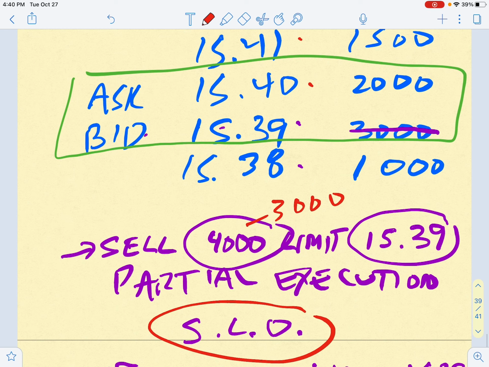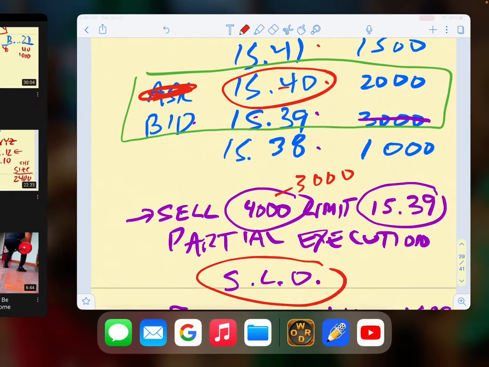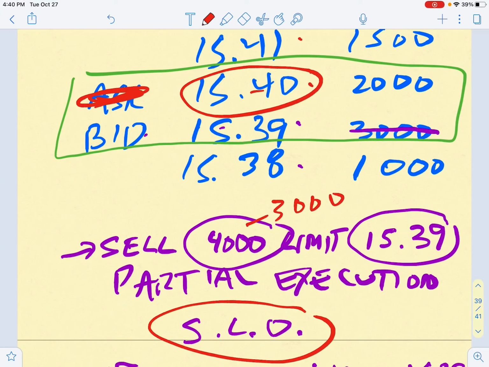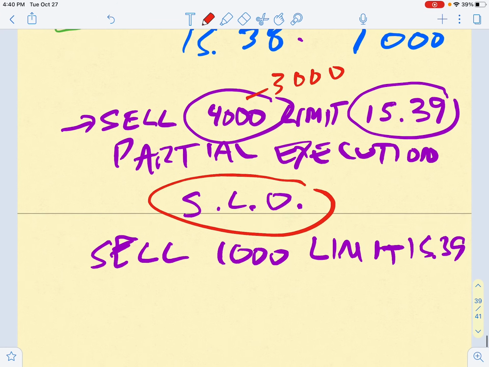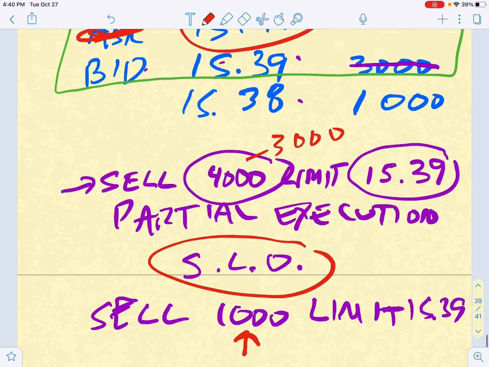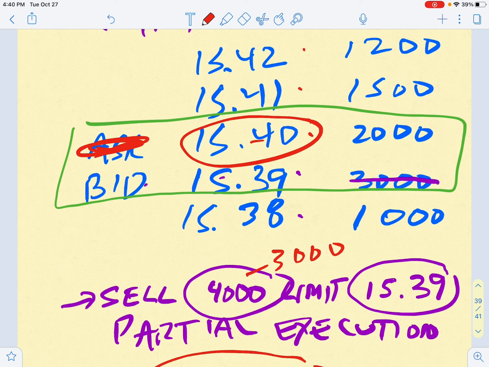So now watch, this is very interesting. So this 1540 is no longer the ask. Okay, instead, the 1,000 shares here become the size at 1539, and 1539, now watch this, becomes the ask.